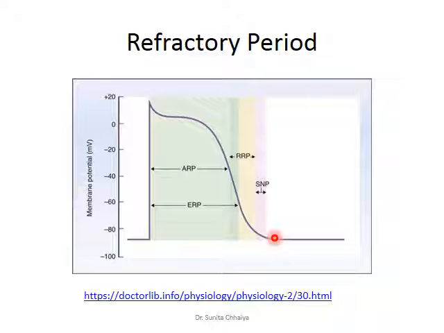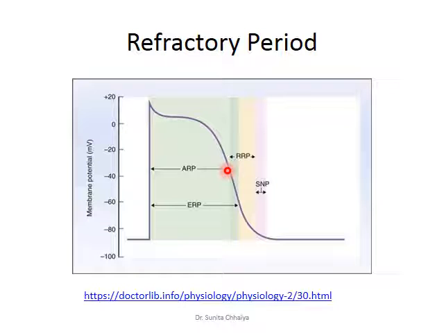That refractory period is categorized into different types. The first type is the absolute refractory period. During this phase, the cardiac muscle does not respond to any stimulus, whatever the strength of the stimulus is. That is basically during phase 1 to phase 2. So no stimuli are able to stimulate the tissue. So that is the absolute refractory period.